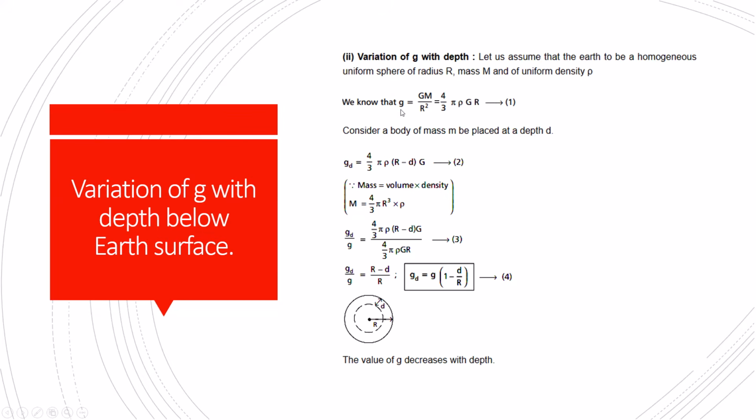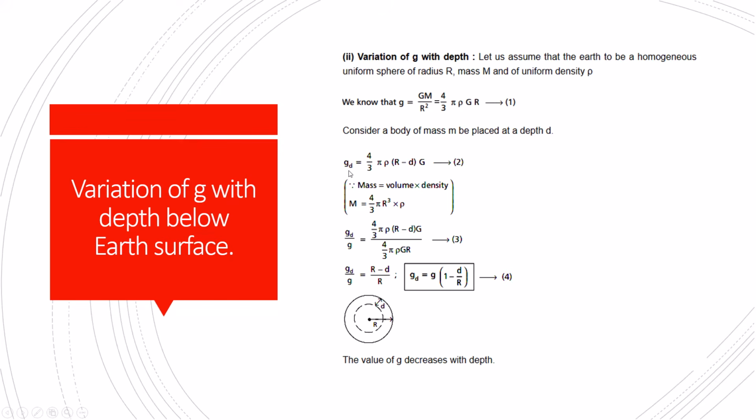Then we get g equals capital G capital M by r square. We replace capital M by 4/3 pi r cube into rho, and we get a simplified expression g equals 4/3 pi rho G r. Now at depth d we replace r by r minus d.